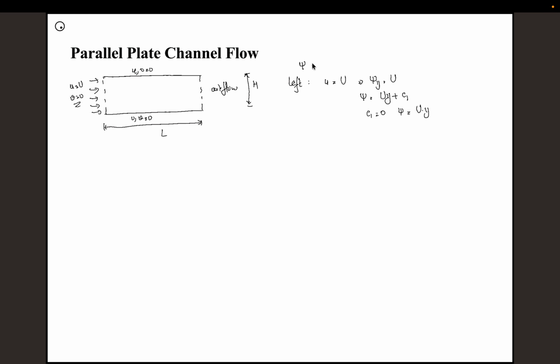Again, we'll solve the non-dimensional equation only, and we don't have to worry about this thing. So let's put u equals 1. Only deal with the non-dimensional forms. That will simplify things. So psi is linear at the inlet. Let's say psi equals y.